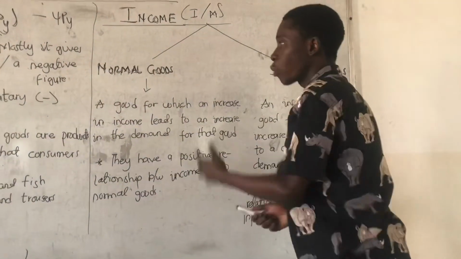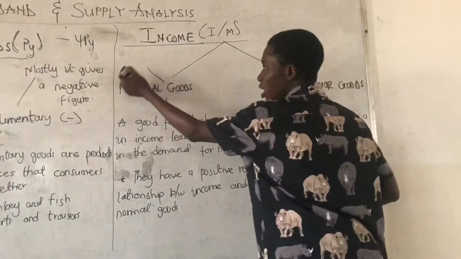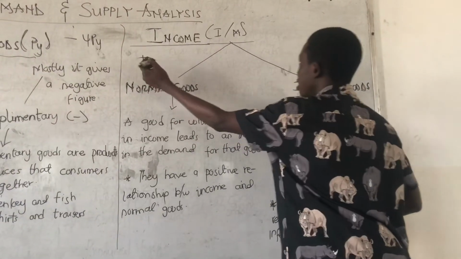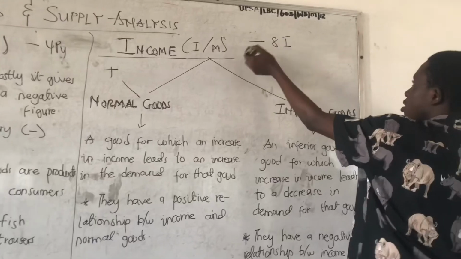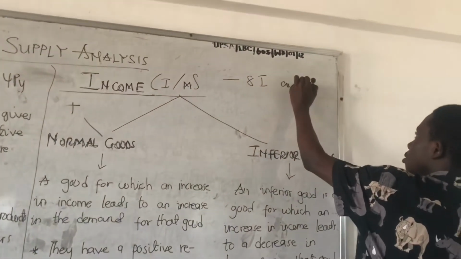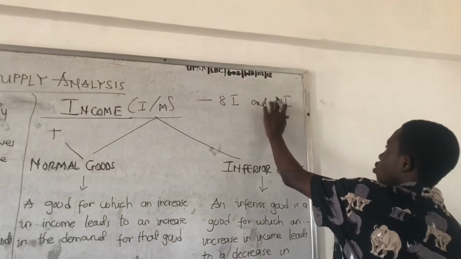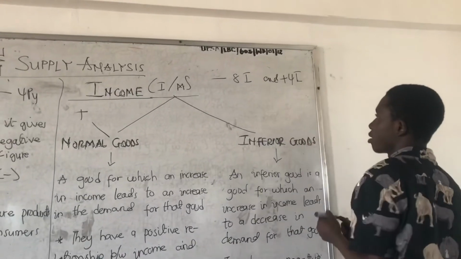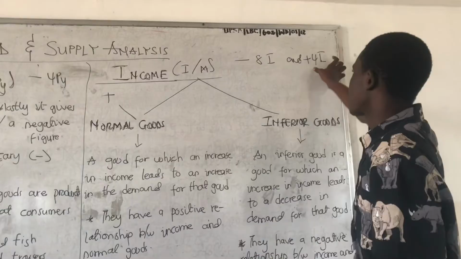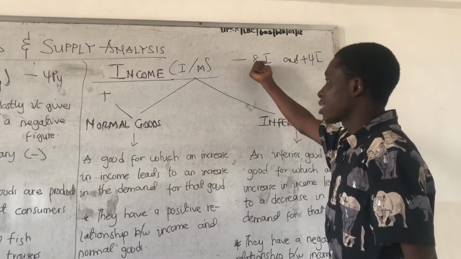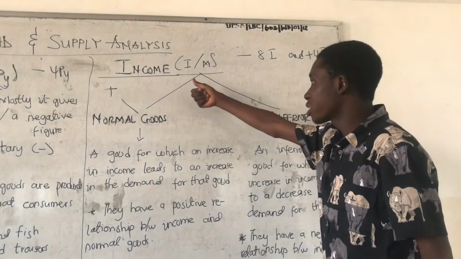With normal goods, there is a positive relationship between income and the good, so a normal good needs to have a positive figure. Let's say you have minus 8I and plus 4I. We know I stands for income.